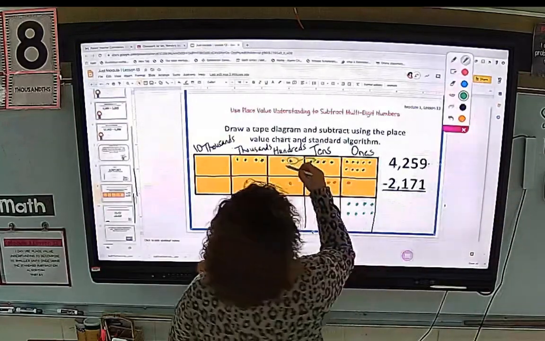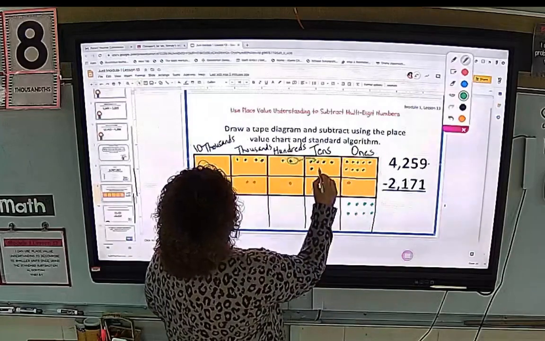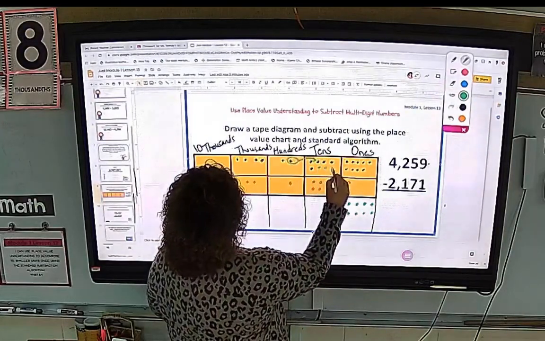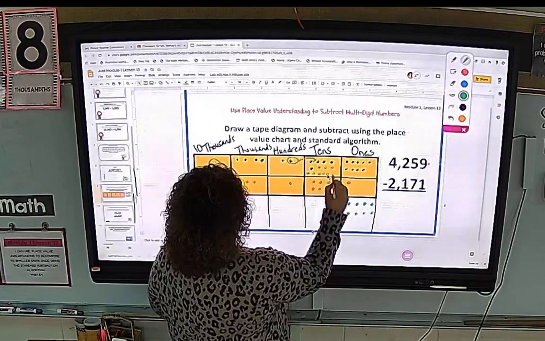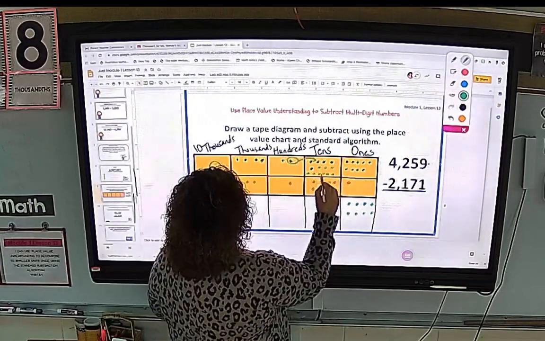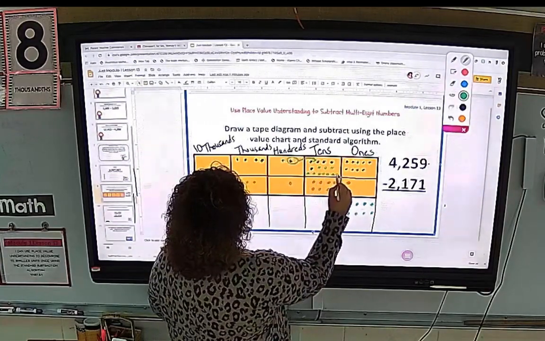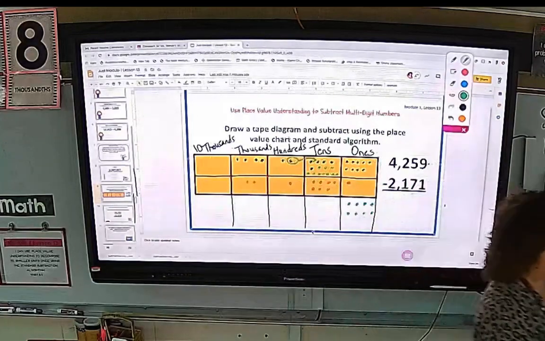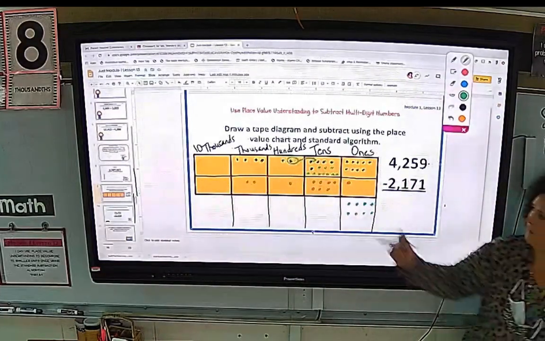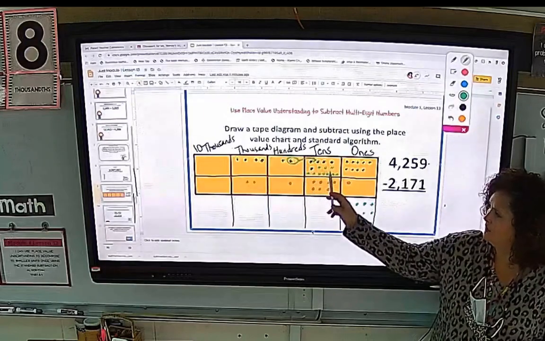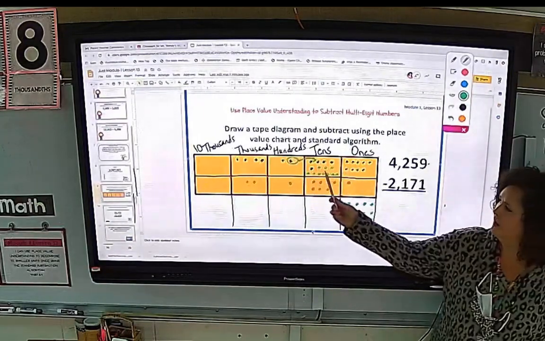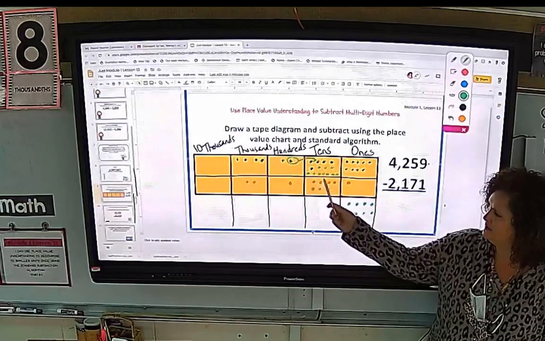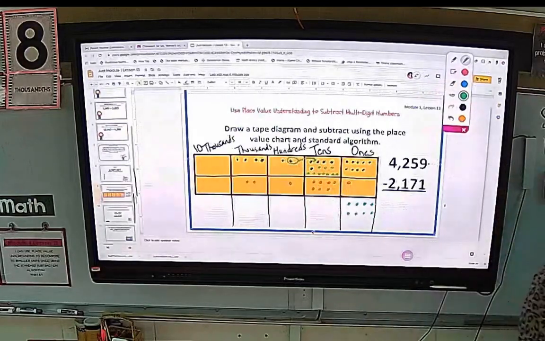So now when we pull it over here, there's 10 of them. You see that? When this came over, we opened it up. We decomposed that 100 into all these tens. Because 100 is 10 tens.